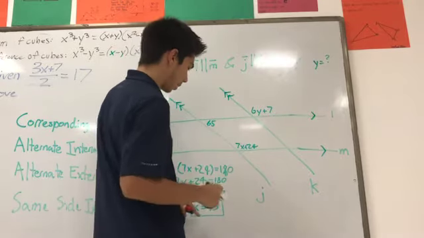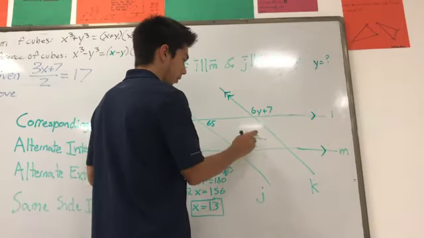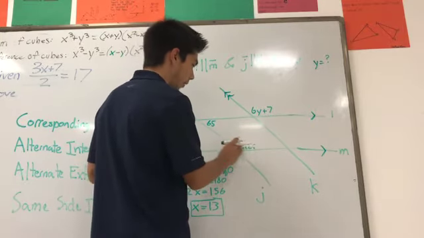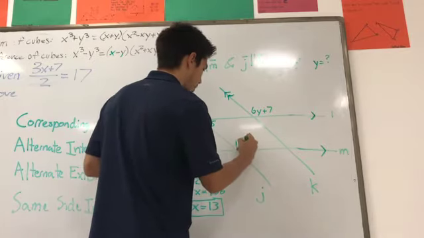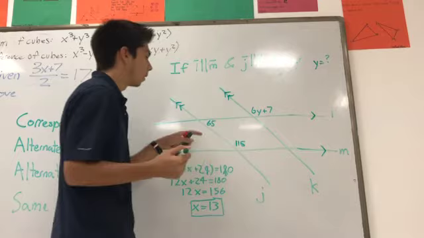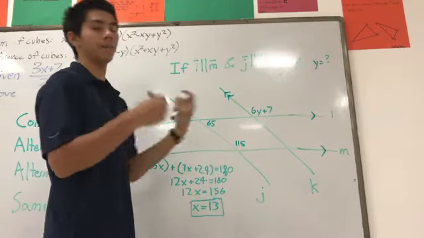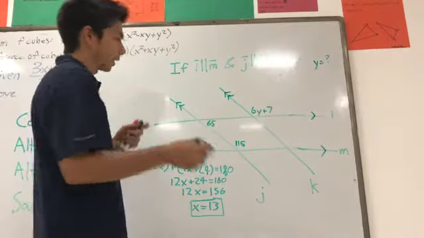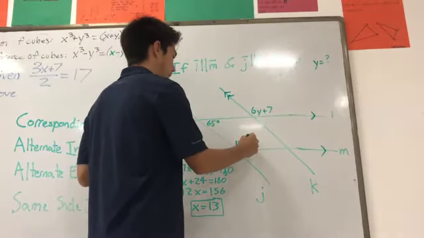And I can plug x into this equation. That would give me 91 plus 24, which is 115. If we want to double check my math, which you should always do, these 2 should now add up to 180. If you do 65 plus 115, you will find that they do actually add up to 180. So we are in a good spot right now.